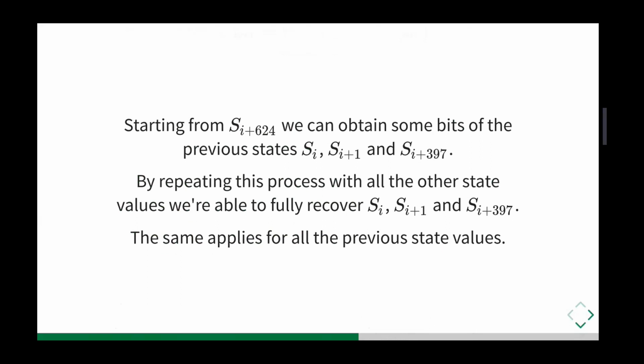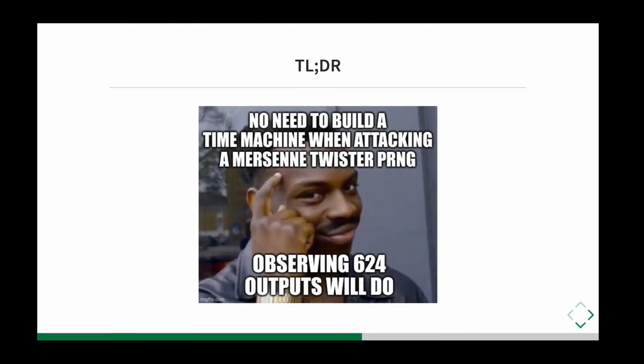So yes, starting from S of i, you can set up a big equation that relates the state that we have with the previous state, and we can recover the previous state, because we have enough equations, enough bounds on the system. So I mean, no need to build a time machine. We can go backwards just by seeing the outputs.